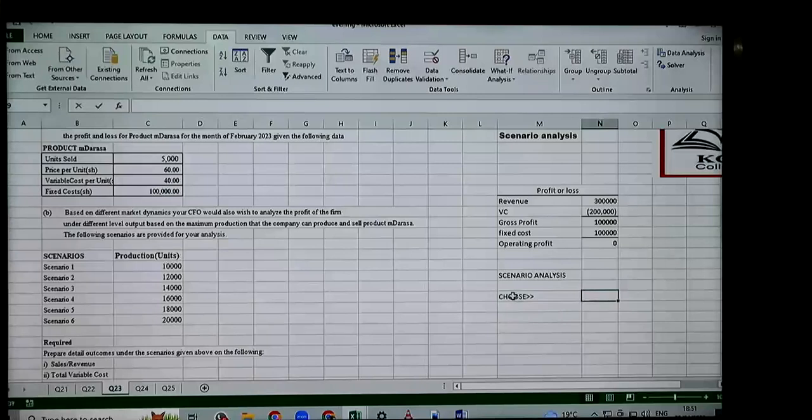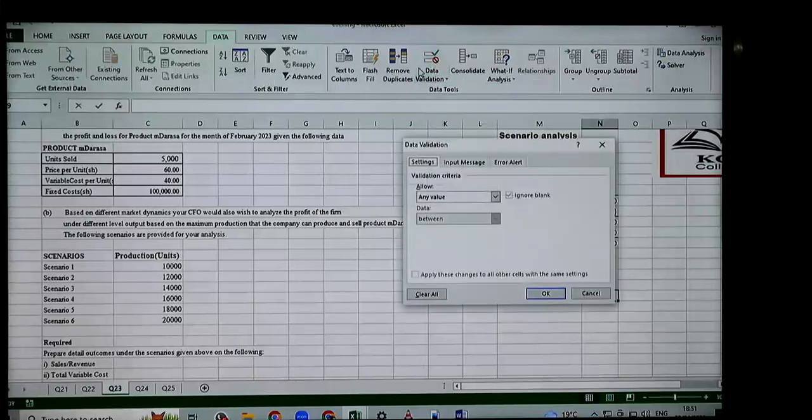Tab. After I come to this box, I go to Data, then Data Validation. Data Validation is here. I'll press V, then I'll go to Data Validation. When I come to Data Validation here, I'll be asked for a list. So I select List.